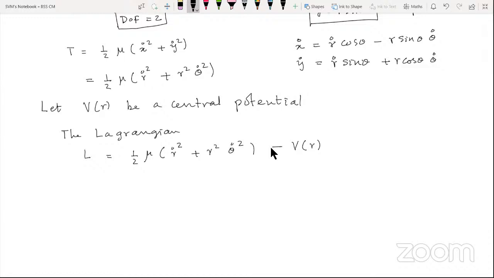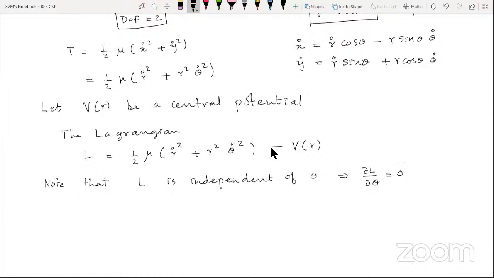Now let us note that in this Lagrangian, the Lagrangian is independent of theta. What does that mean? That implies the partial derivative of L with respect to theta is equal to 0.